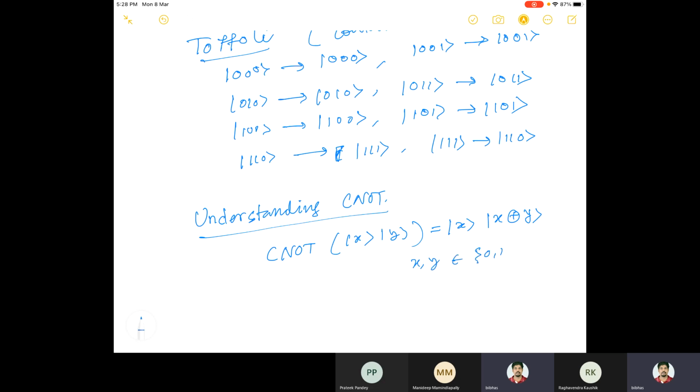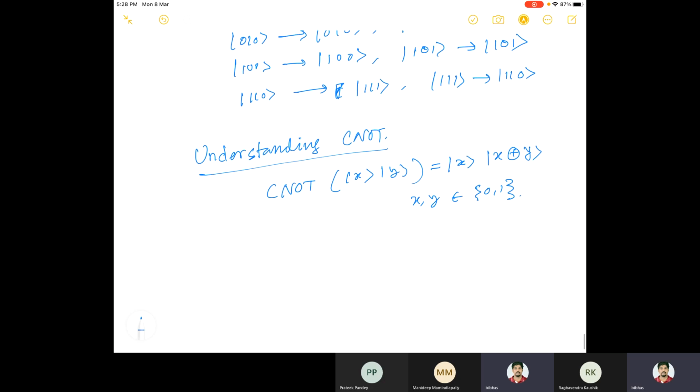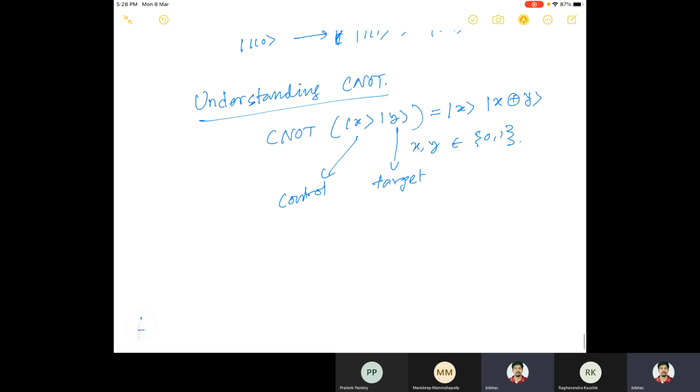Another way to define the CNOT gate. Here this is, let's say, the first qubit, the control, and this is the target. Now the interesting thing here about the CNOT gate: if I want to write the matrix representation of the CNOT gate, then what happens?